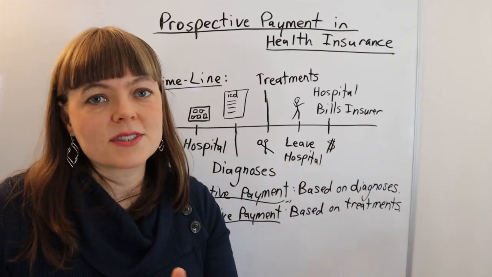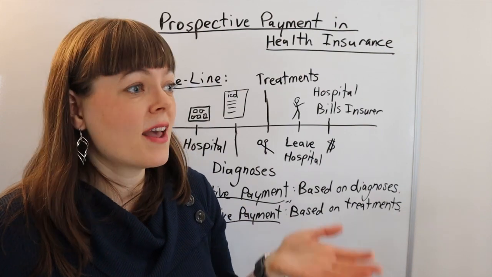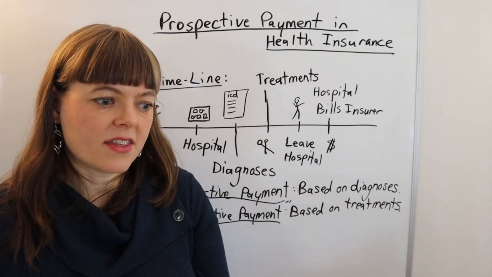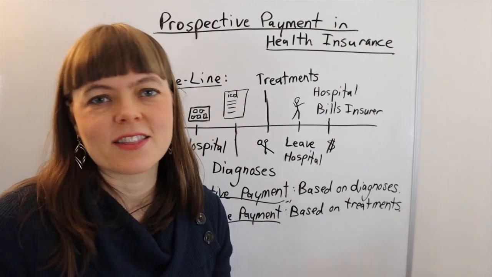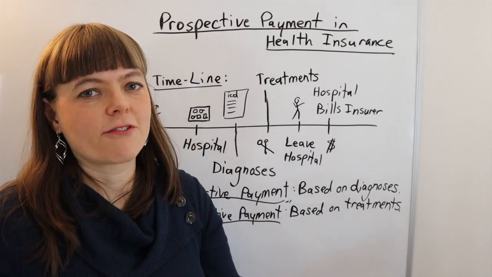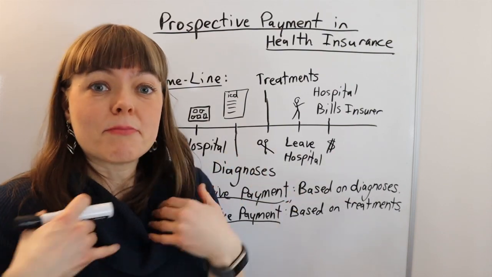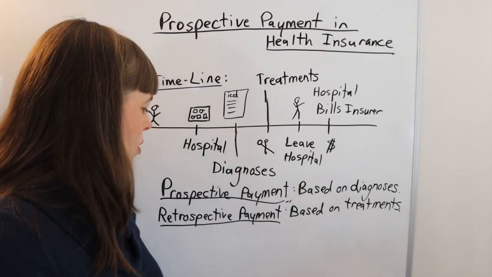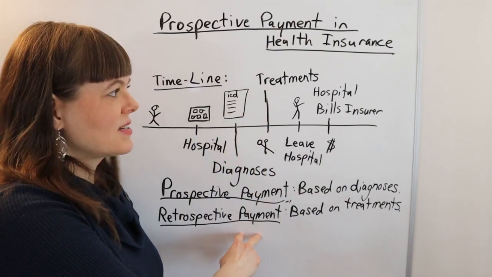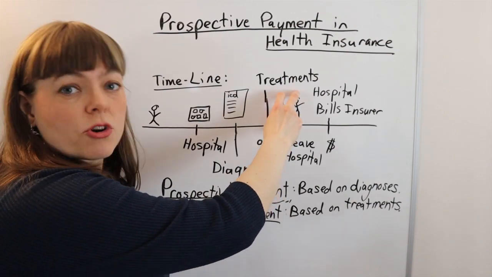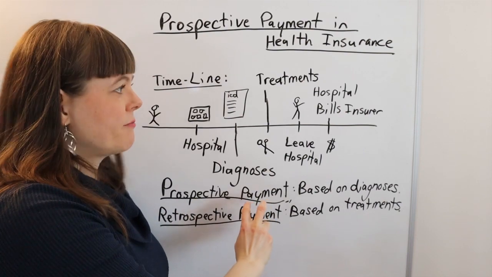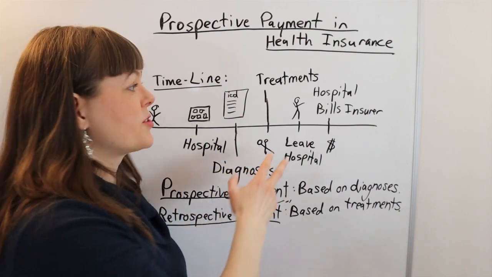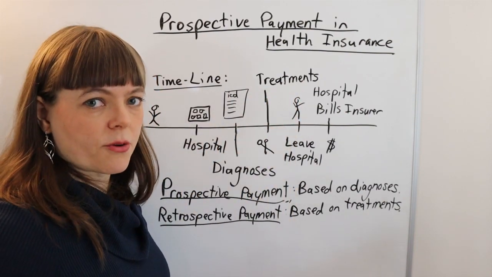So if we reduce the number of patients who get surgery to 10%, then that extra money that we're not spending on that expensive surgery, paying the surgeon and paying for all of the equipment, that's money in our pockets. So while retrospective payment incentivizes hospitals to do more treatment than they otherwise should, prospective payment incentivizes hospitals to do less treatment than they otherwise should.